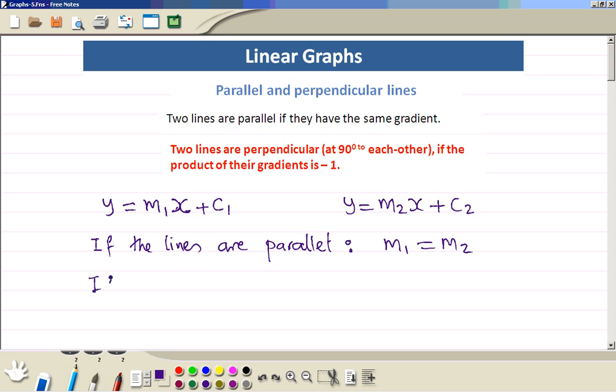If the lines are perpendicular, then the product of those two gradients is equal to minus 1. So m1 times m2 is equal to minus 1.